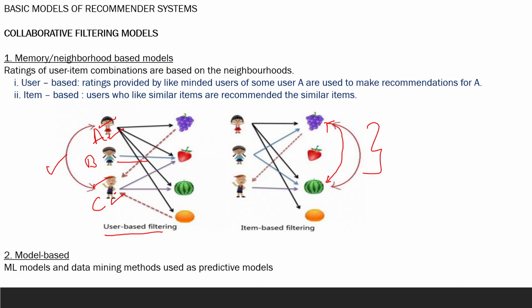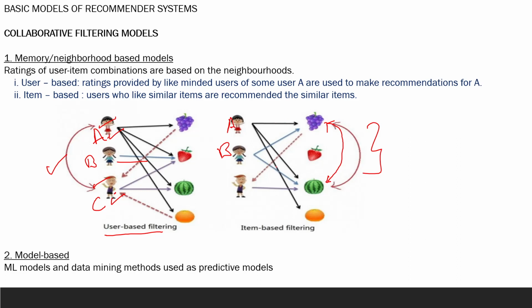So now since they are similar, whoever likes watermelon. Here you can see that watermelon is liked by Barbie, and it's also liked by, let's say, Alice. So let's say that these two are similar.